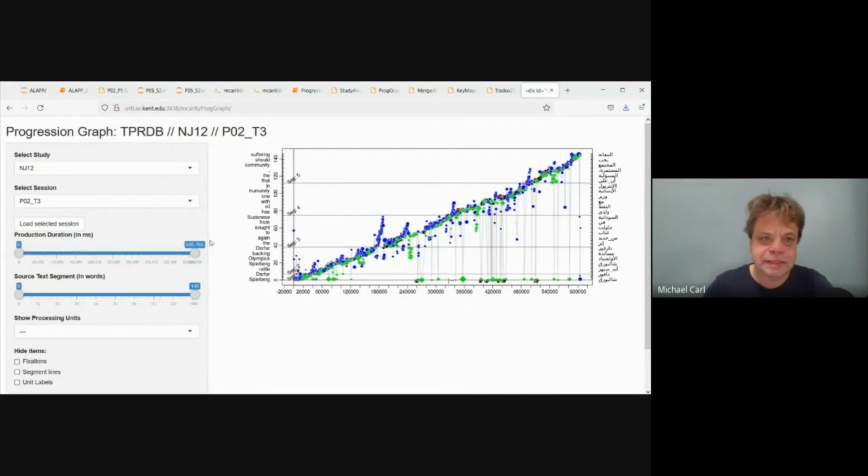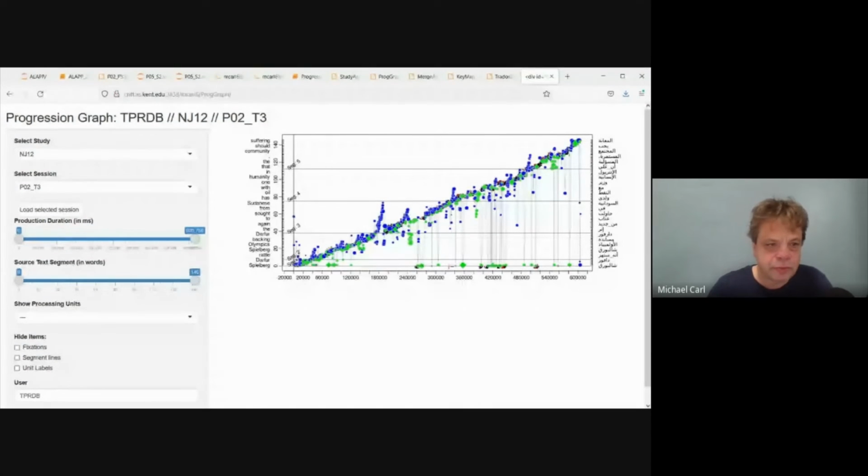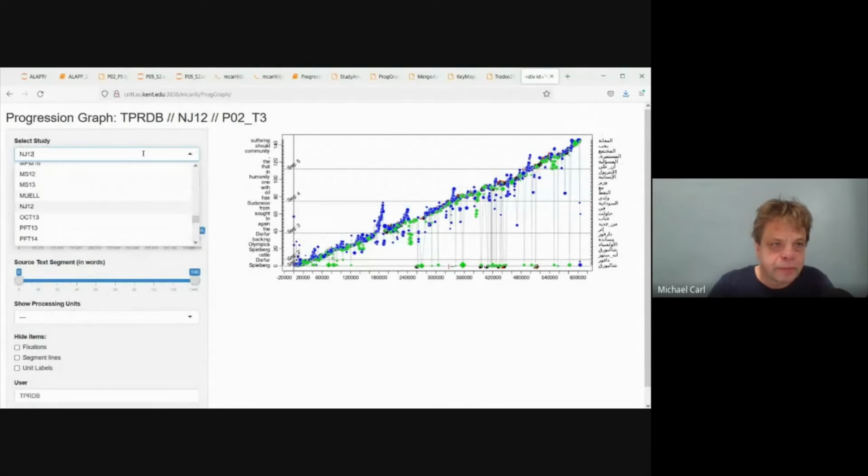Okay, so this is a web interface that shows these translation progression graphs that I have presented previously in an online version. Here are the number of studies. We have 5,000 sessions. These are different studies, and a study has several sessions.